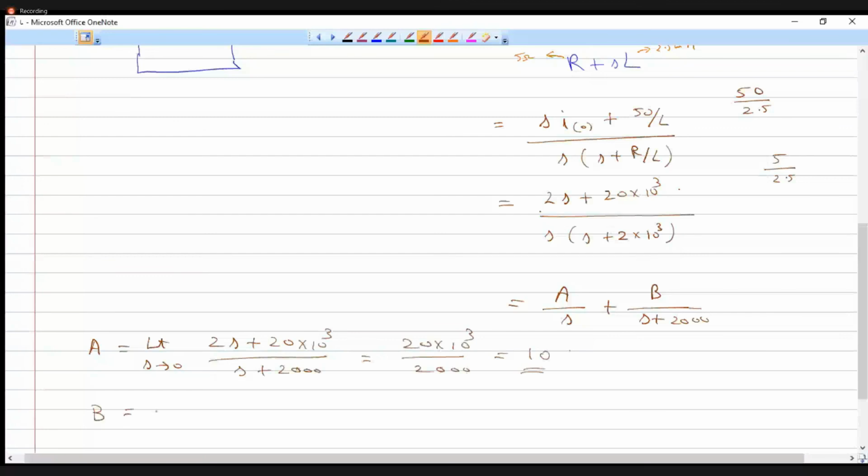How can we evaluate B? B is equal to limit S tends to minus 2000 of 2s plus 20 into 10 power 3 divided by S. So that will be 2 into minus 2000, right?